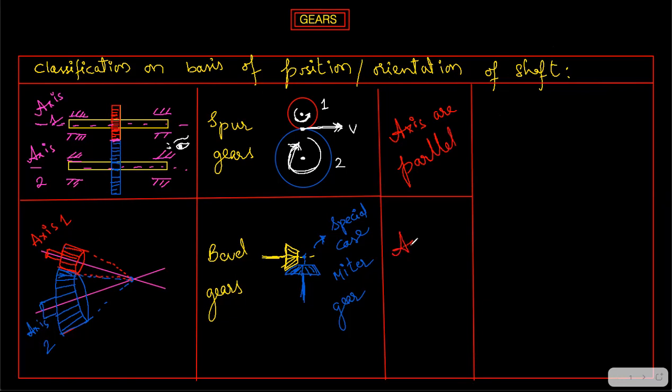Here axes are intersecting. So now I'm going to explain in the last box another type of gear. For that, we need some reference points, and let me try to complete the reference diagram.